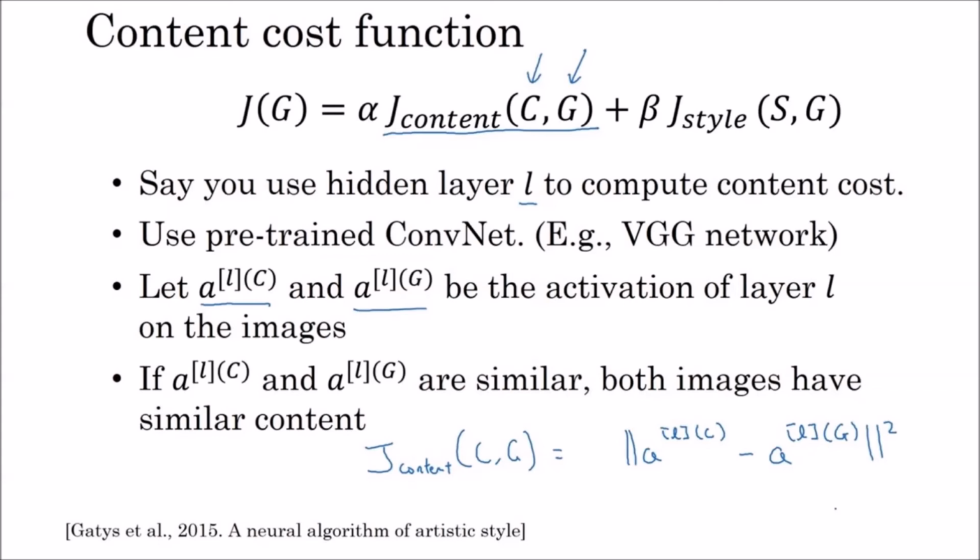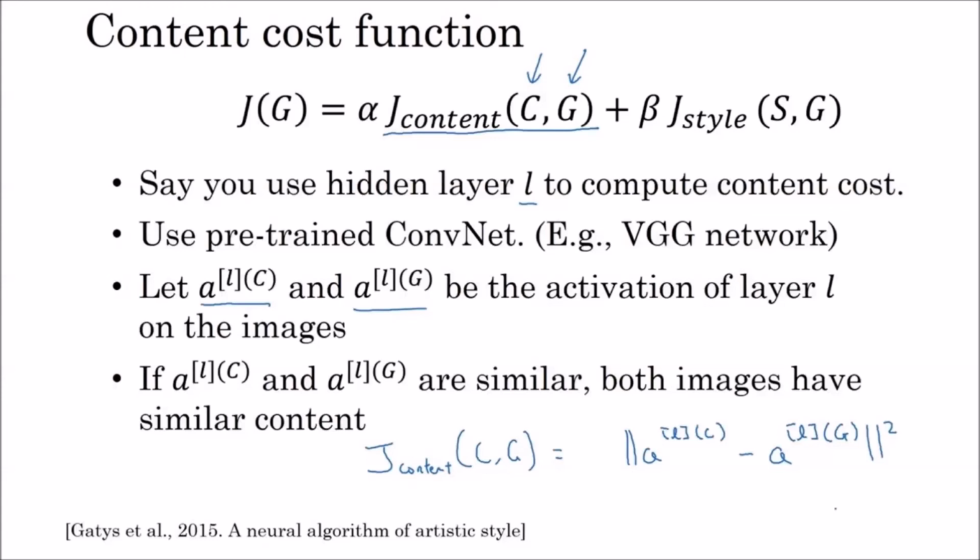If this content cost function is small, the content image and generated image are very similar to each other. The work of our gradient descent algorithm is to reduce this cost function.